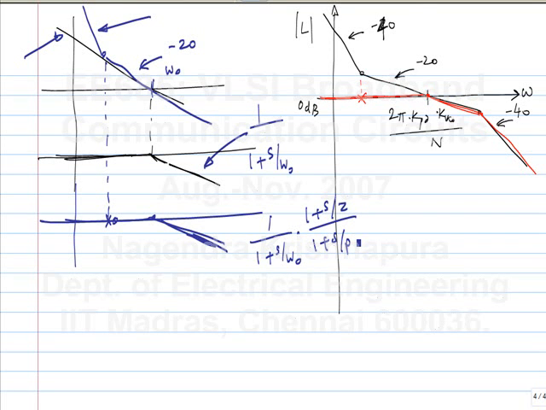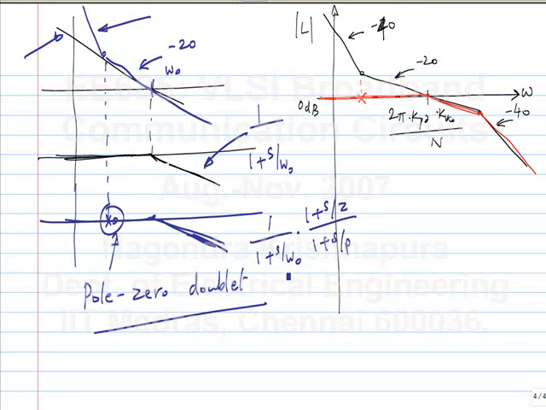Okay. So you will have a pole 0 doublet. So this pole 0 pair that occur very close to each other because of some particular reason, for instance the 0 in the loop gain, is known as a doublet.